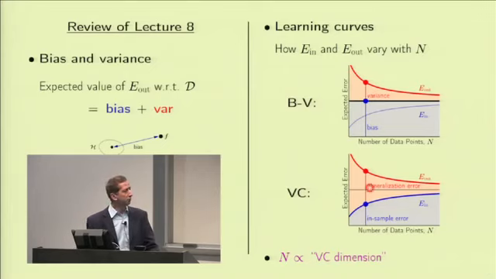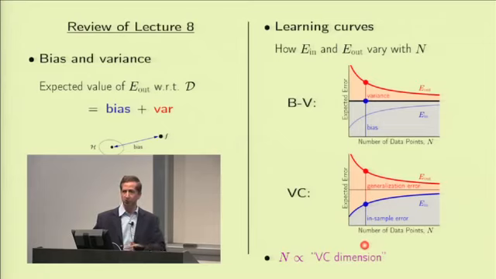The final lesson from the theory, which is really what we are going to carry out through the techniques, which start today until the end of the course, is that the number of examples needed to achieve a certain performance is proportional to the "VC dimension." I'm putting it between quotes because we defined it formally only for classification.